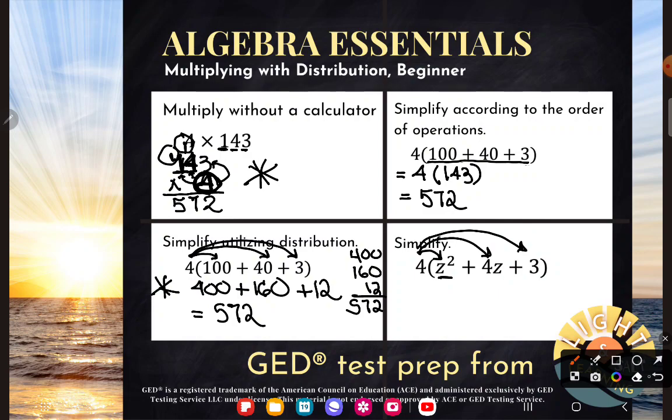And I can pass it out. Just like 4 times 100 was 400, 4 times z squared is 4z squared. And just like 4 times 4 tens was 16 tens, 4 times 4 z's is 16 z's. And of course, 4 times 3 has always been and will always be 12.